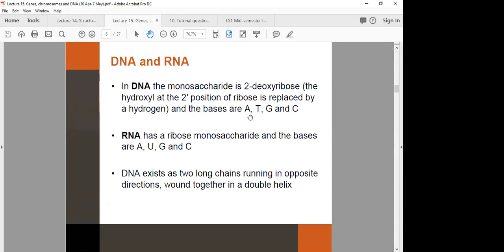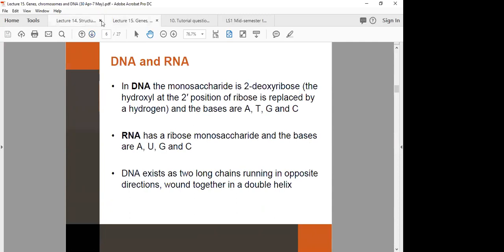The bases, and therefore the nucleotides found always in DNA, are adenine, thymine, guanine, and cytosine. RNA has a ribose monosaccharide, and the bases or nucleotides are always adenine, uracil instead of thymine, guanine, and cytosine.